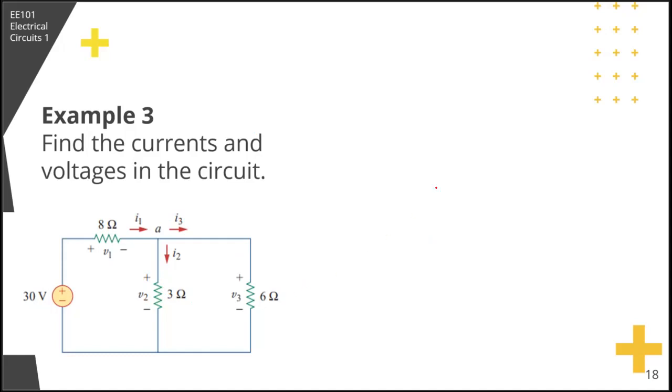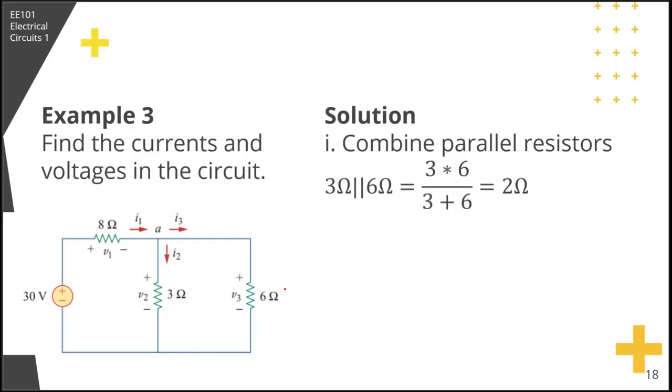Una natong buhaton, let's combine the parallel resistors 3 ohm ug 6 ohm. Kung parallel sila, multiply nimo, then divided by the sum. So 3 times 6 is 18 over 3 plus 6, that's 9. So 18 over 9, that's 2 ohm. Mahimo na ni siyang 2 ohm.